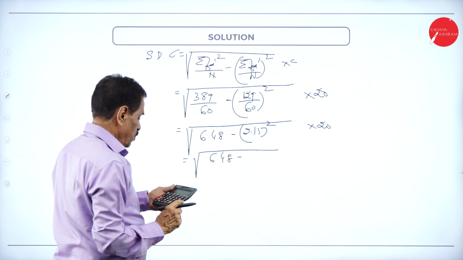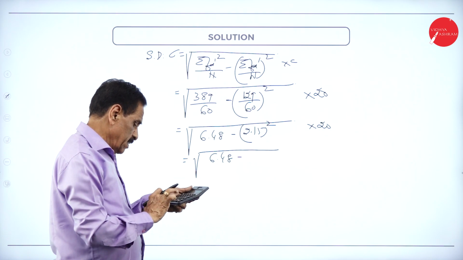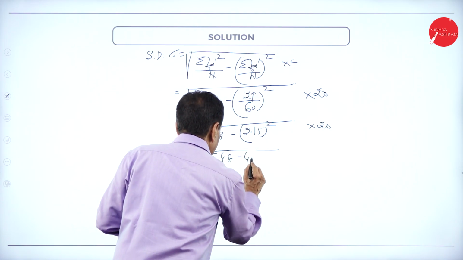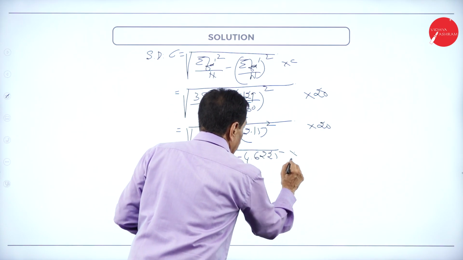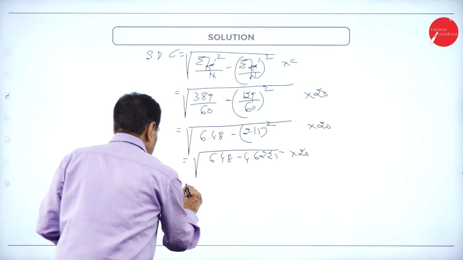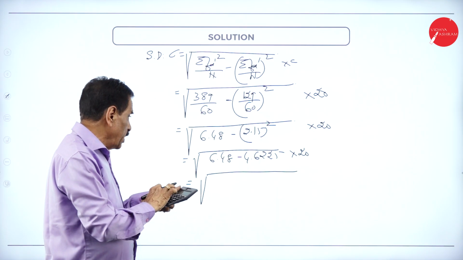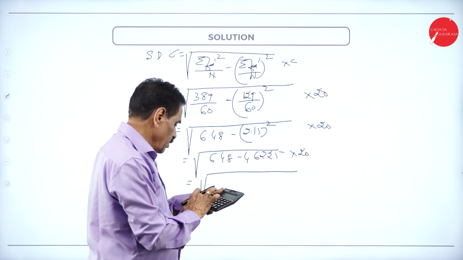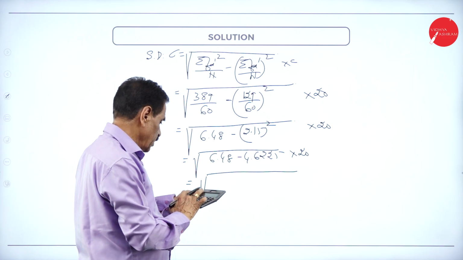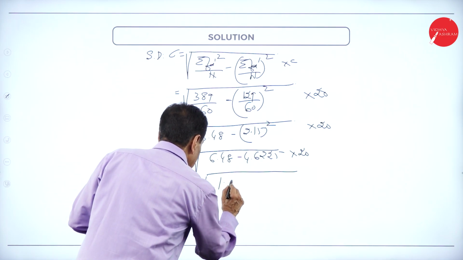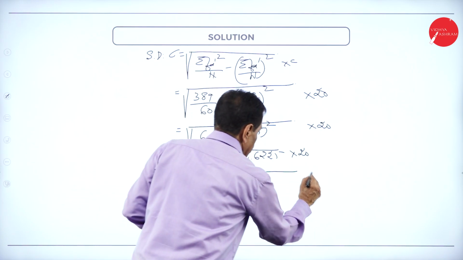6.48, 2.15 into 2.15 is 4.6225, into 20. Root of 6.48 minus 4.6225, 1.8575.